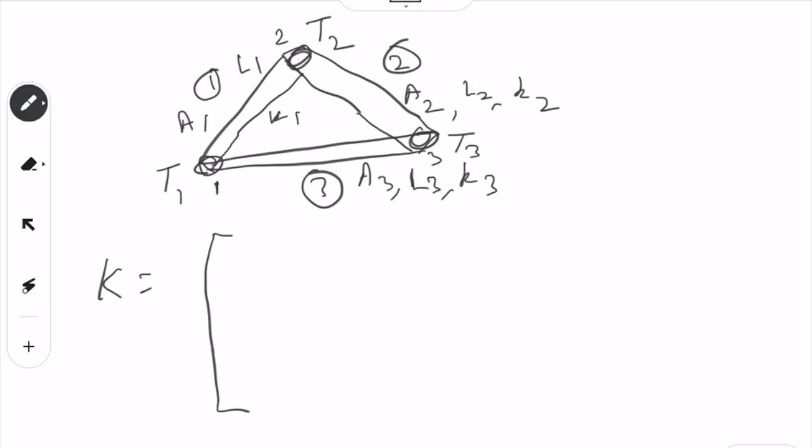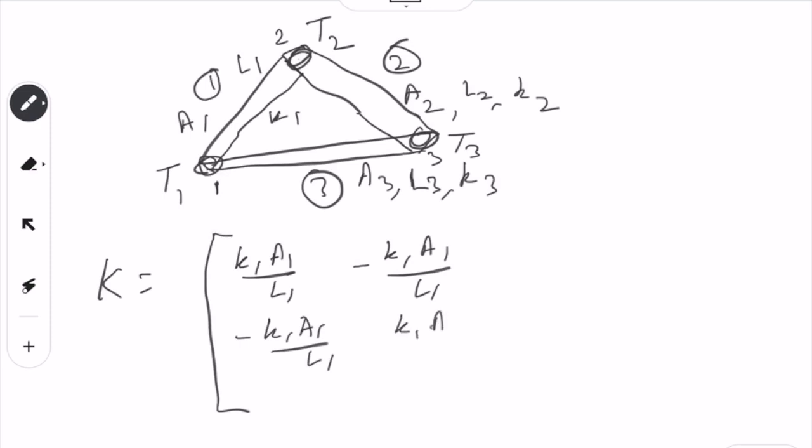We write K1 A1 over L1, between node 1 and 2, then minus K1 A1 over L1, minus K1 A1 over L1, plus K1 A1 over L1. Done. Now element number 2 is between nodes 2 and 3, so accordingly we can write it here.